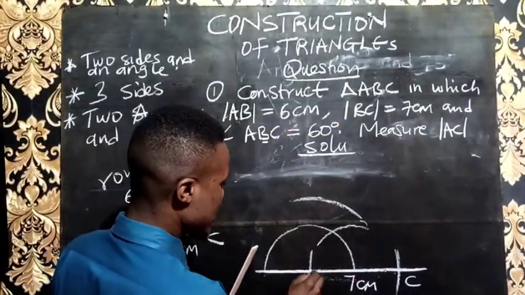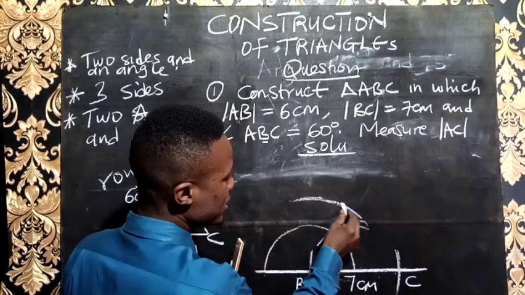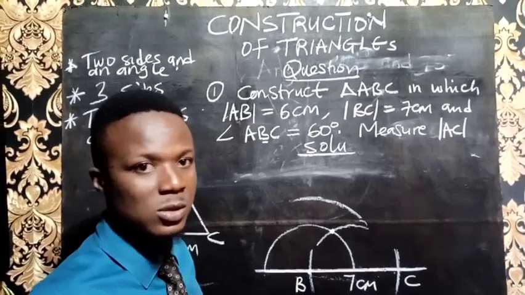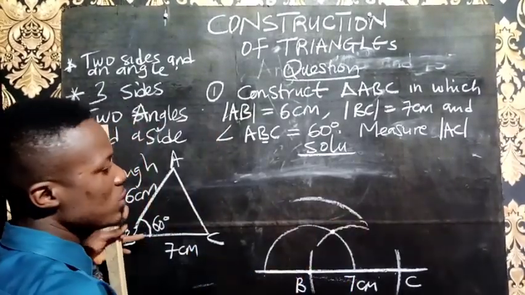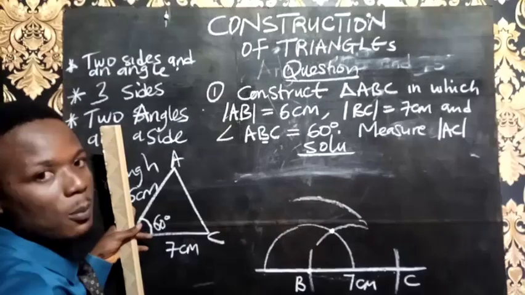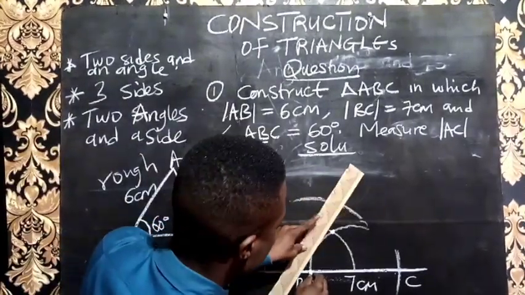Then join this arc I have made to the center. But the essence of this arc we marked here ab initio is to tell us that here is the 6 cm we need, and once we get to that point we must stop. We shouldn't exceed it. So as I'm drawing this, once I touch that line I will stop.